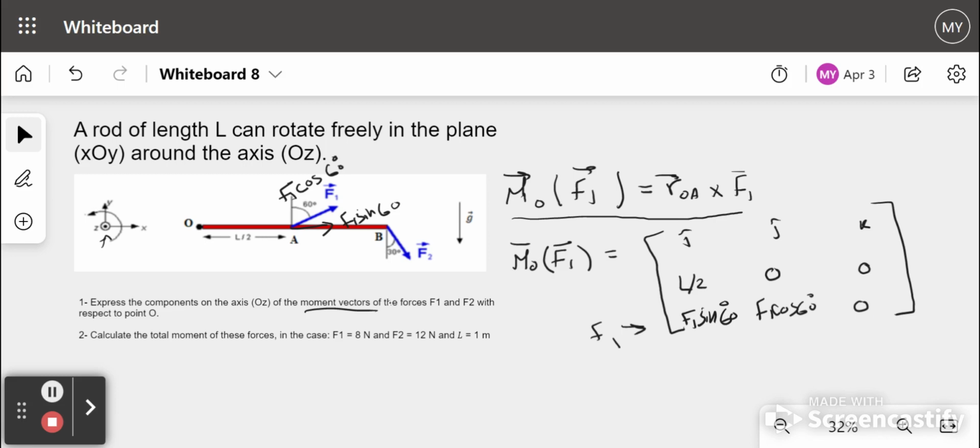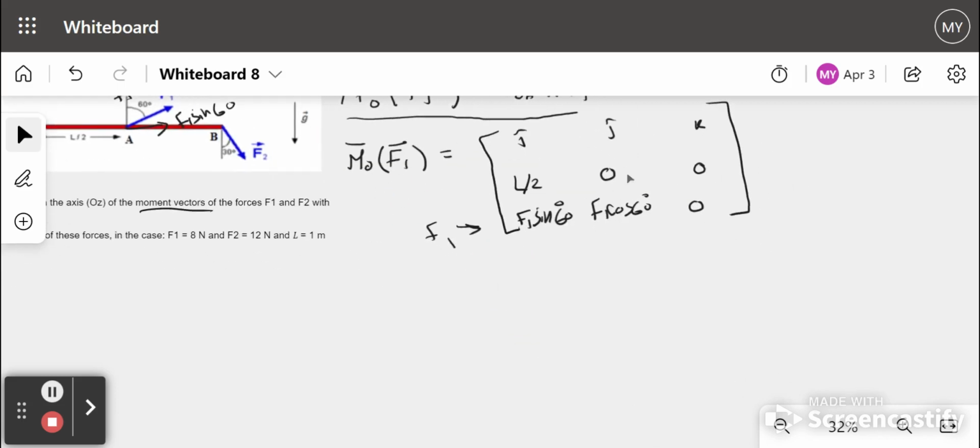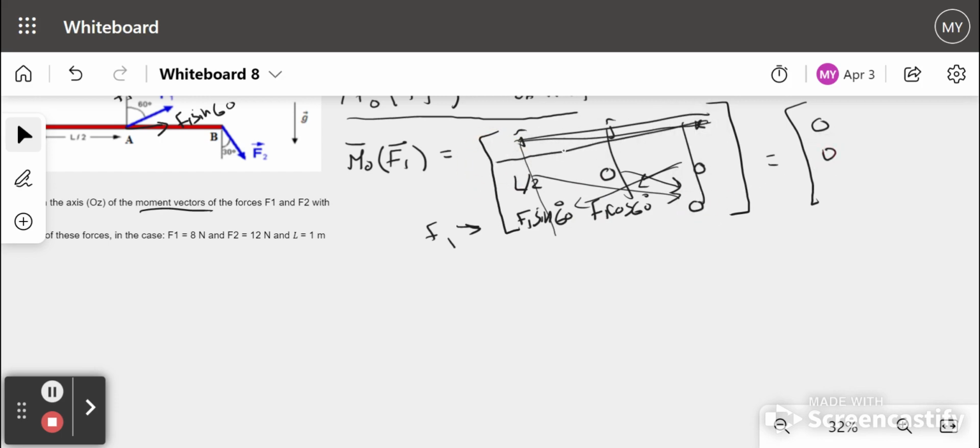So right now, if you just multiply these components inside the matrix, you are going to cover this and this, and you will multiply this times this minus this times this, which will actually give you 0 in the first row, and then you will close this and close this, and you will multiply this times this minus this times this, which will actually also give you 0, and then lastly you will close this and this, and you will multiply this times this, which will give you L over 2 times F1 cosine 60.